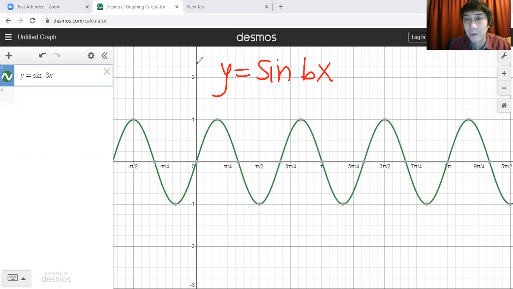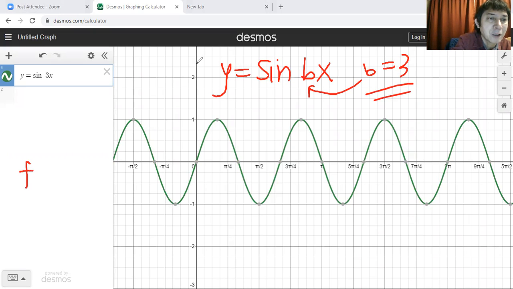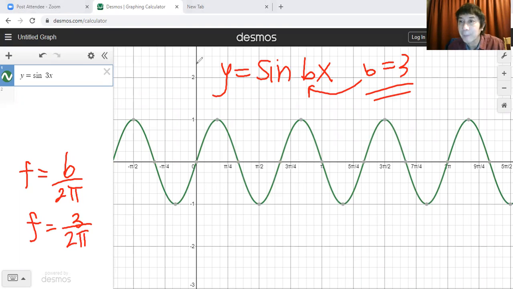Now, if b is equal to 3, our formula for frequency will still be b over 2 pi. And so we substitute our 3 over 2 pi there.